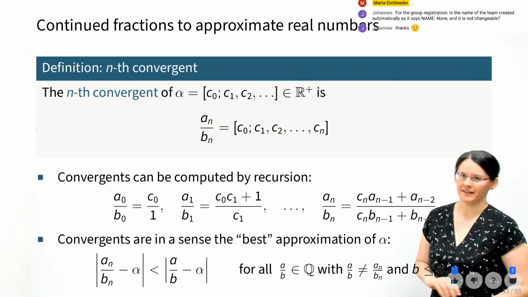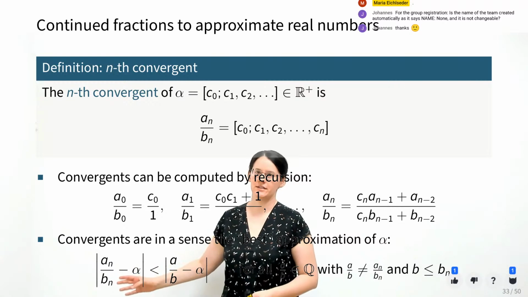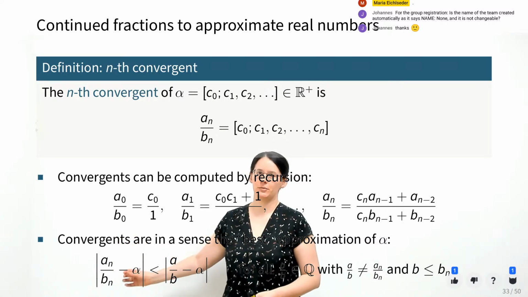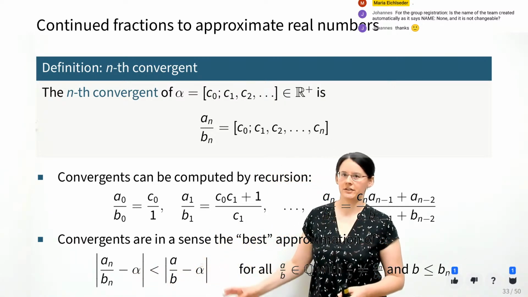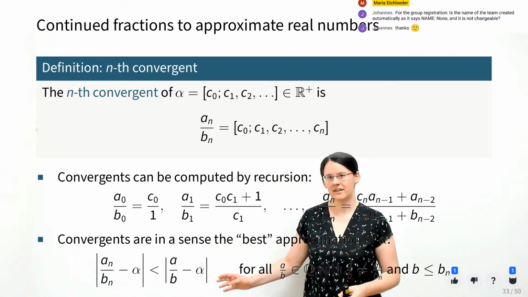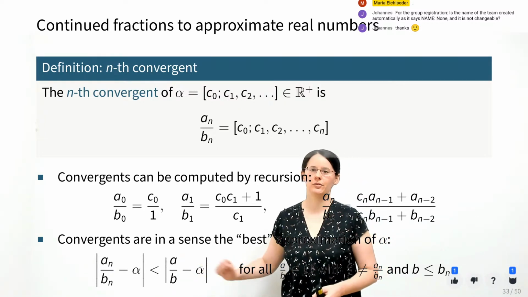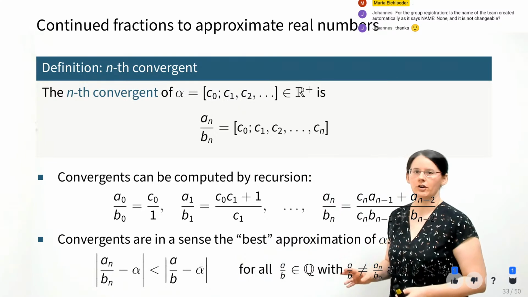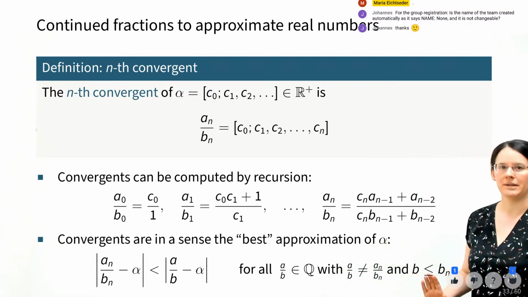And in which sense is that? It's the following. If I take some of these convergents, the distance between the convergent and the actual number is smaller than the distance from alpha to any other rational number where the denominator is at most b_m.